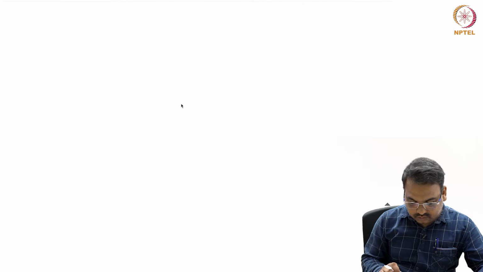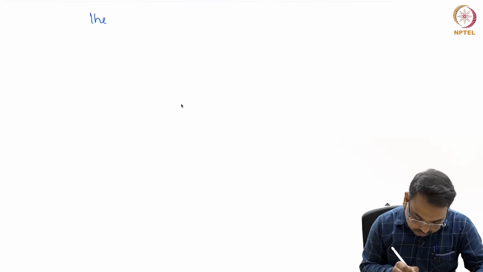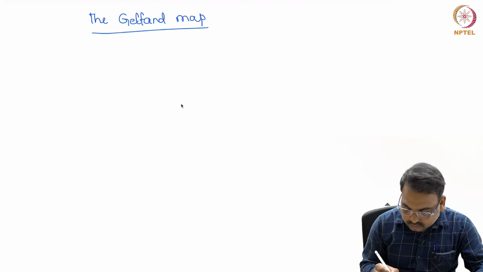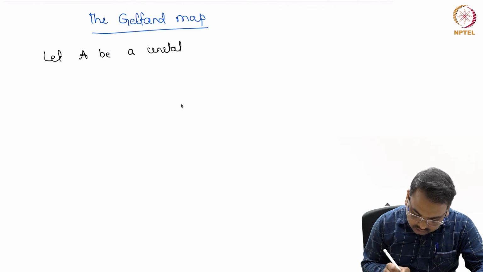Okay. Next we define the Gelfand map. So let A be a unital Banach algebra.